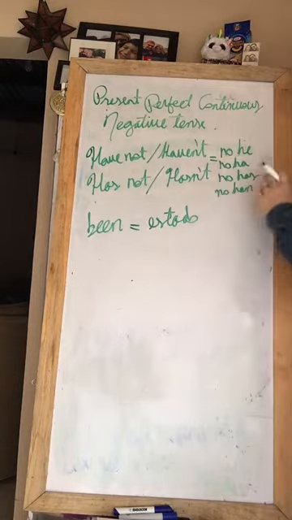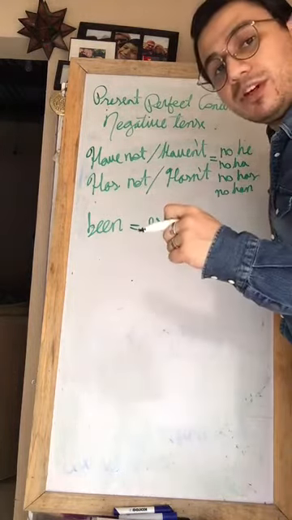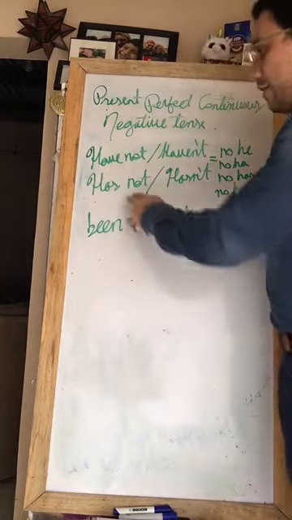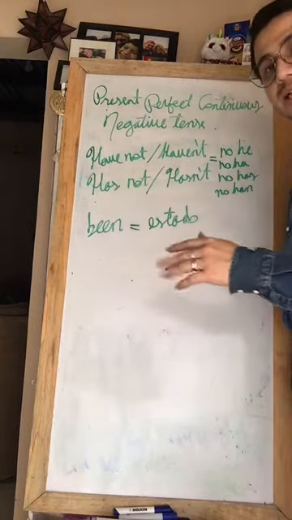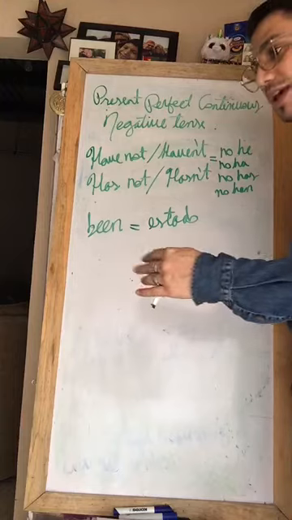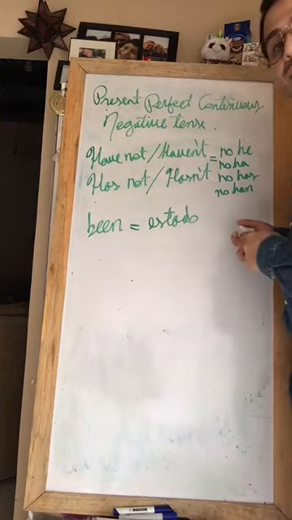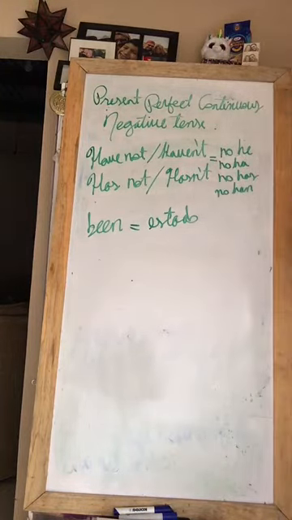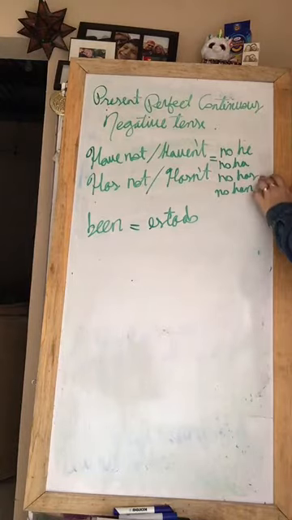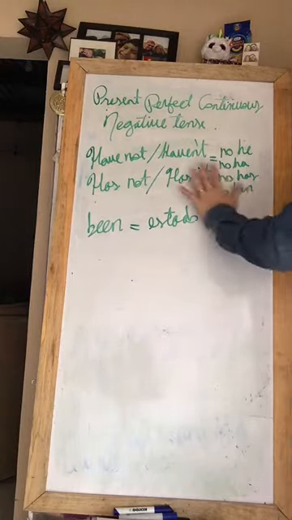Everything in present. Because remember, we haven't done past yet. We haven't done had and had not. That's gonna be the last of this topic, and you have had plenty enough of this topic. So we have no he, no ha, no has, and no han. All of this for that.